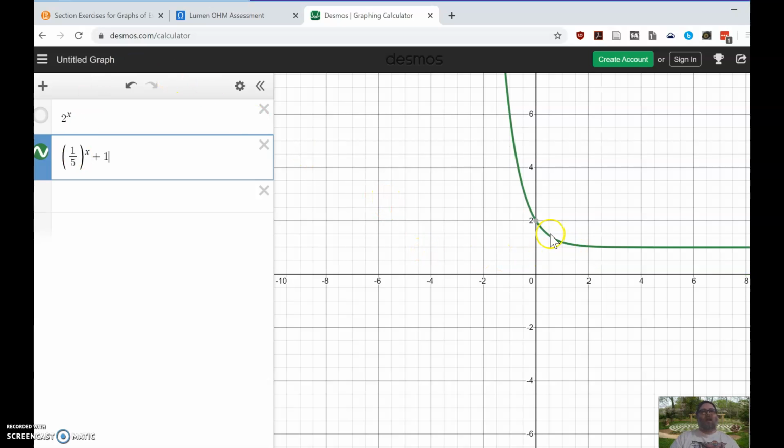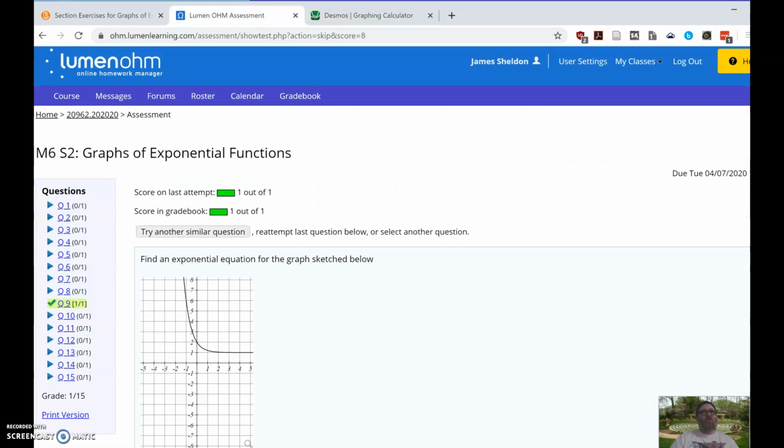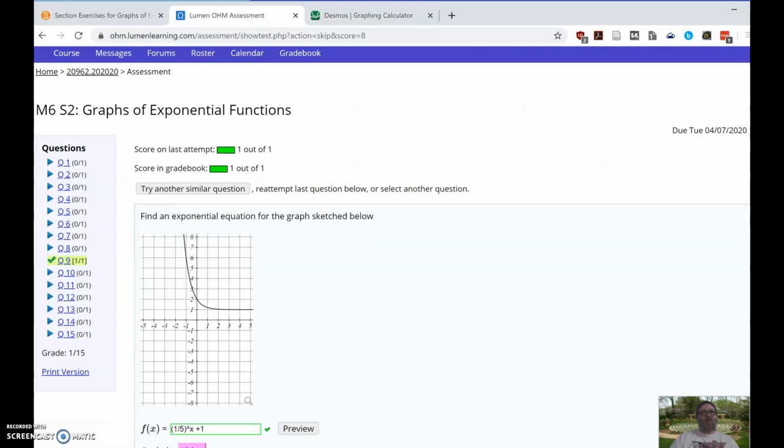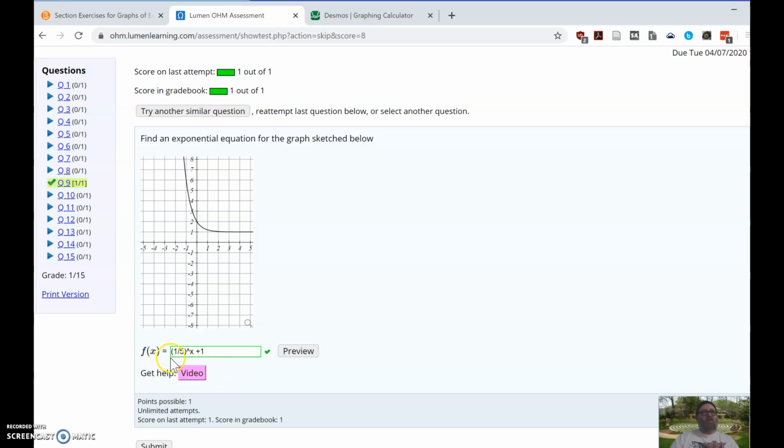And we see that we indeed have that curve that has the horizontal asymptote at y equals 1. It's exponential decay. And f of 0 is 2, and f of minus 1 is 6. And so then we have our answer, f of x equals 1/5 raised to the x plus 1.